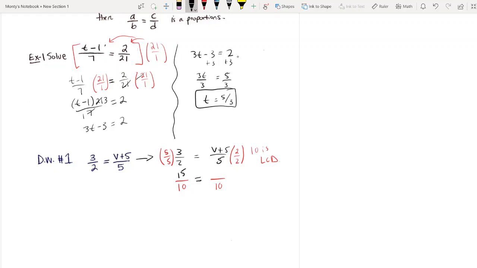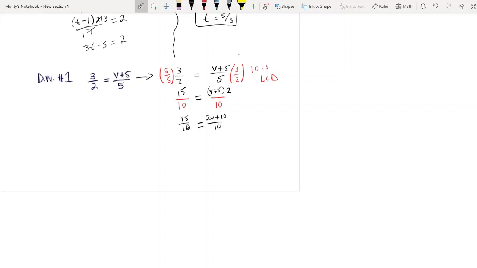Distribute the 2 to each one of these. Let's go ahead and write v plus 5 times 2. There's no need to skip all of the steps here. Once you distribute your numerator, you get 2v plus 10 divided by 10. So now we've got a common denominator of 10, which means that we can simply write this equation without that denominator of 10.